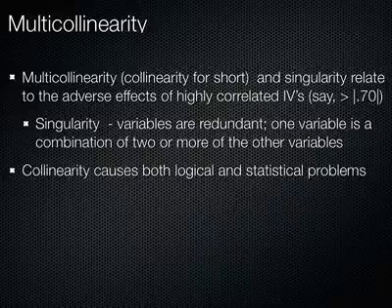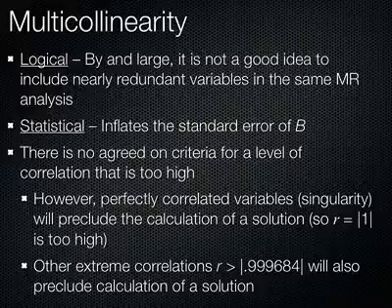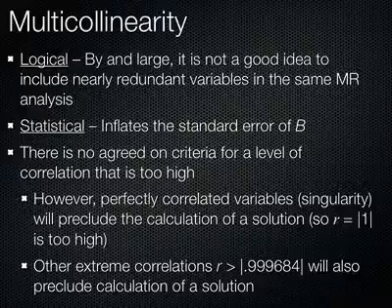Highly correlated independent variables cause both concerns or issues logically and statistically. From a logical perspective, by and large, there are surely exceptions to this, but why would you want to include 2 nearly redundant variables in your analysis?